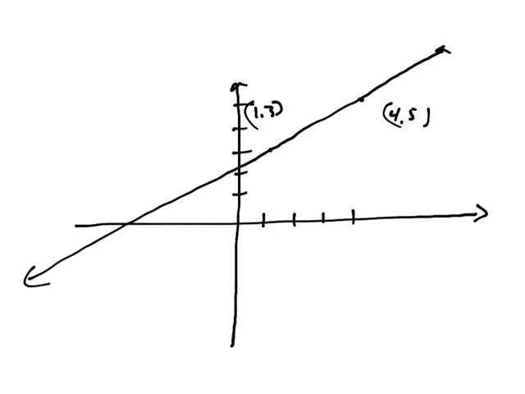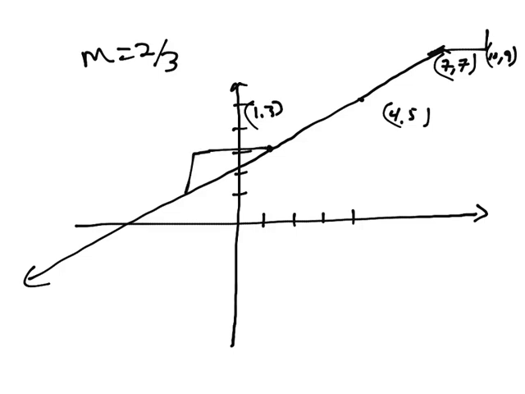We already went over our slope was positive 2/3. So we went over 3 and up 2, and we get (7, 7). If we go over 3 and up 2, we're going to get (10, 9). If we go back 3 and down 2, we're going to get to (-2, 1). Back 3 and down 2, we're going to get to (-5, -1). So I can get all these points on this line.